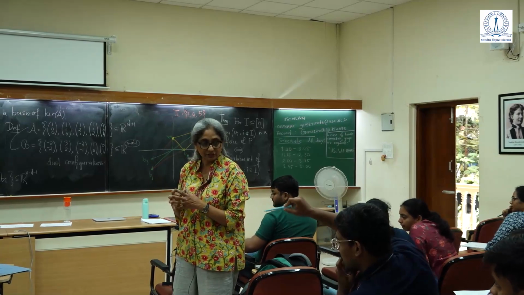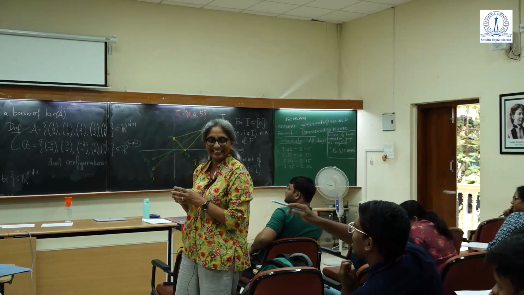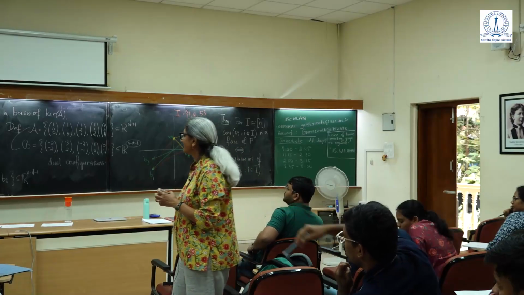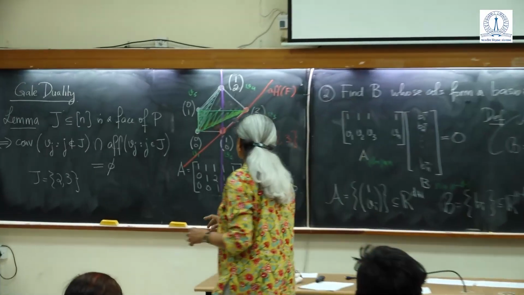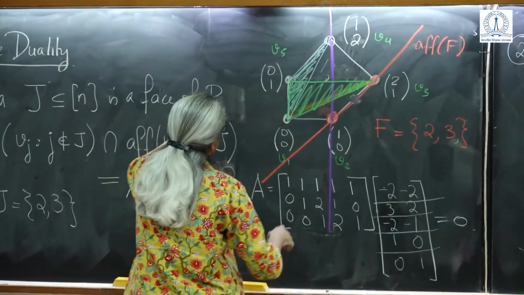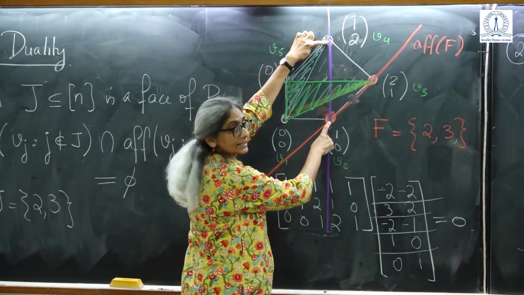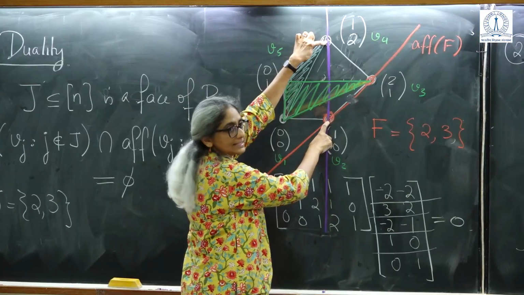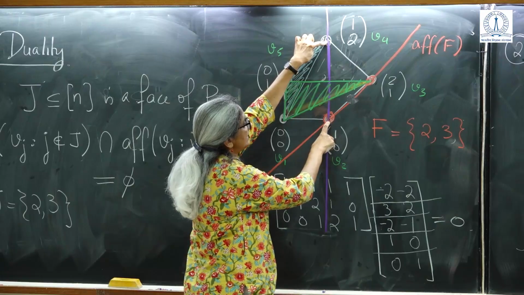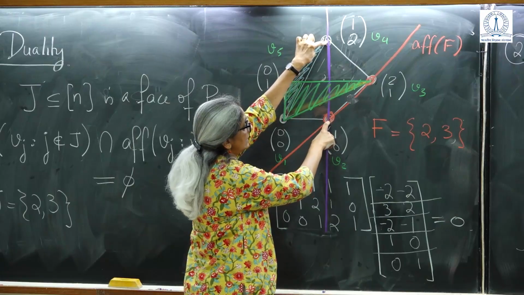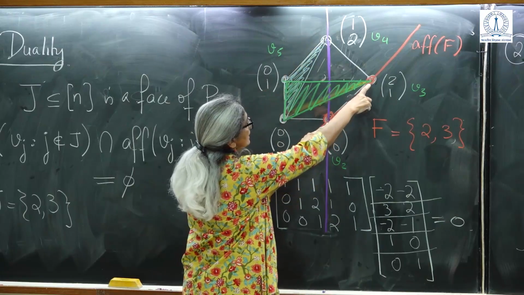Pick a J that you like. Here, V4 and V2, you take just the convex hull. Oh, yeah. And the straight line, right? The convex hull of V2 and V4 is just this line segment. That itself is intersecting. Why is that affine thing coming? Why do you need the affine? In the other case, the red one, even after extending it, it is not intersecting.